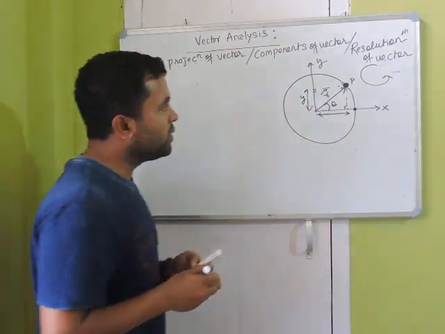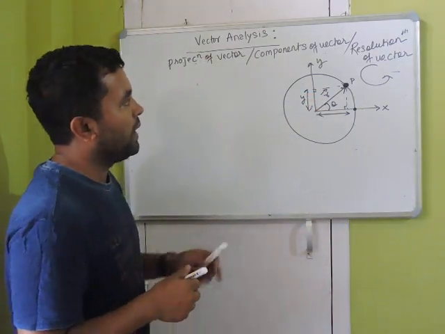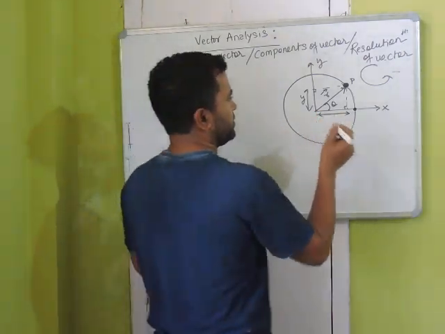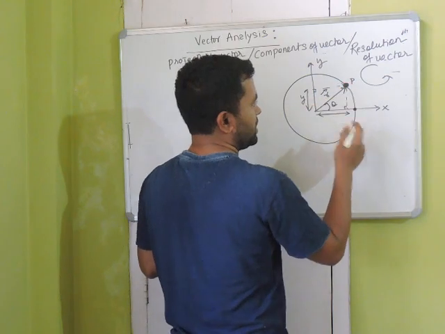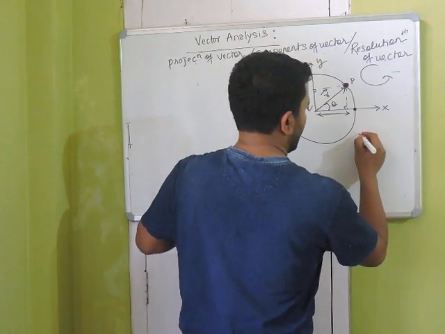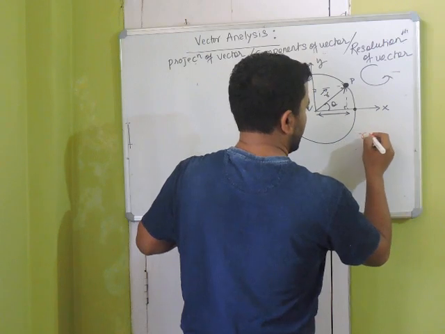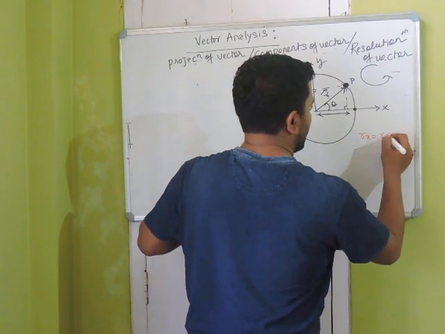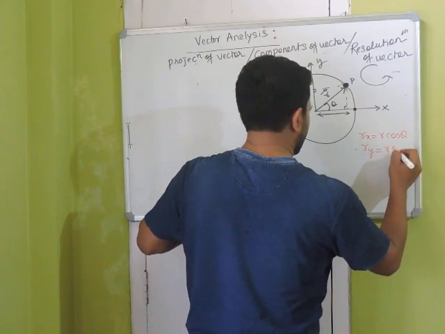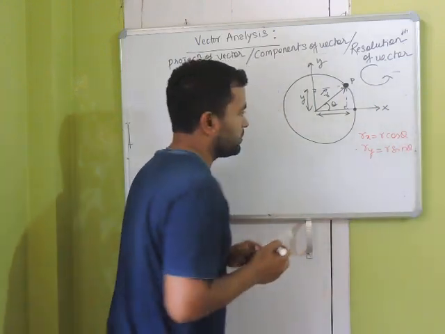Now if you do this, then you will find that rx will be r cos theta and ry will be r sin theta, right?